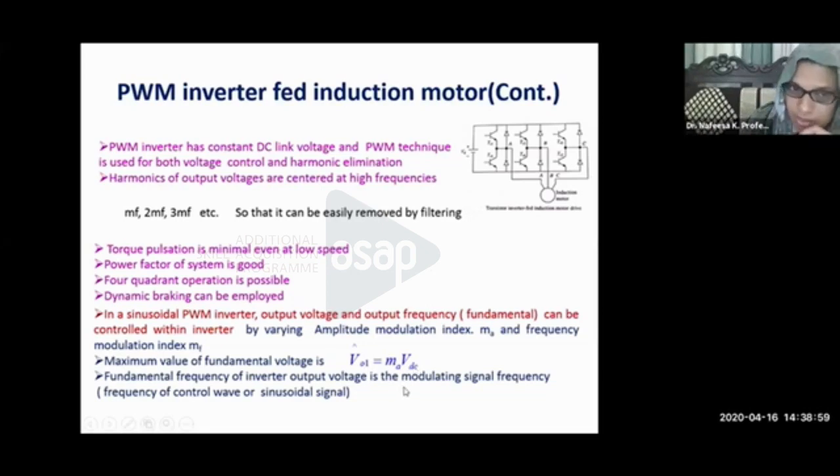The fundamental frequency of the inverter output voltage is the frequency of the modulating signal, the sinusoidal control wave. In this way, we get variable frequency, variable output voltage from a PWM inverter, and this is required for controlling the speed of the induction motor.